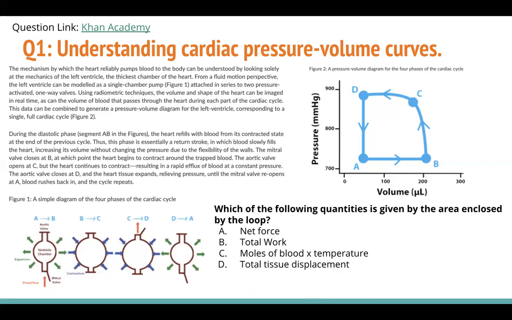If you already completed your physics review, then you should have at least some understanding of what this graph is and also the relationship between one of the terms given in the answer choices to pressure and volume. If you haven't finished your physics review, you may not know this, but it's okay. We'll talk about this together after. I'll just give you like 30 seconds again to think about this.